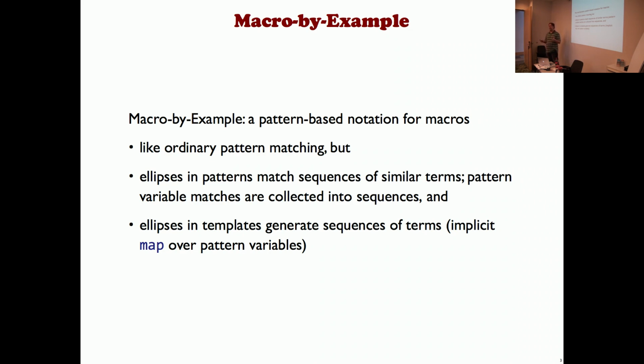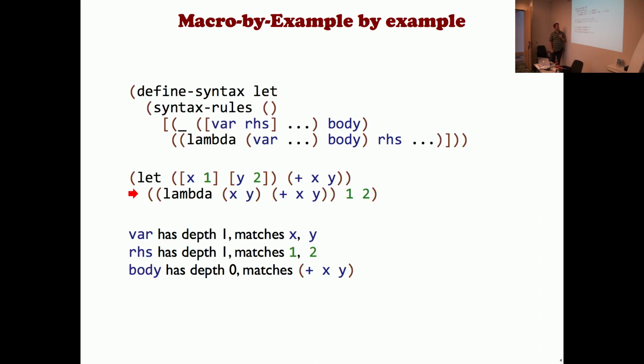And when you're generating a new term in the template, an ellipsis means do this implicit map over the right pattern variables that show up in the preceding template and produce the right number of things with all the different values that you've collected.